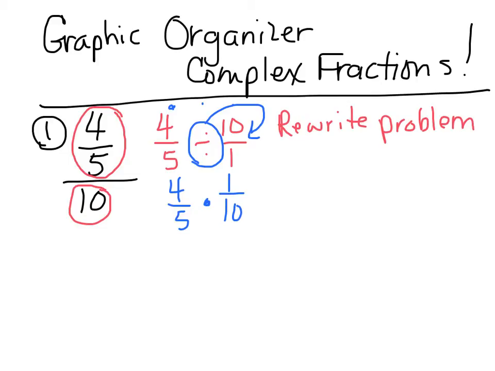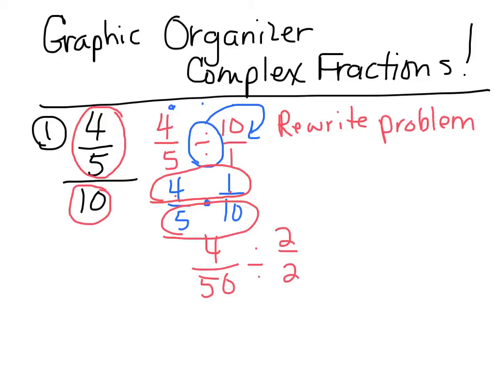And so now we can either cross simplify here, or we can go back to just multiplying numerators again and circling and solve. 4 times 1 is 4, and 5 times 10 is 50. And now we must simplify this. And so we can take a 2 out of both, 2 over 2, and we can do that because that's really a 1.